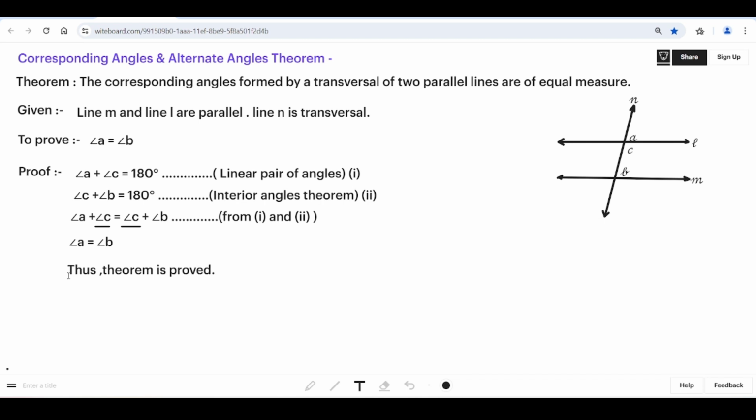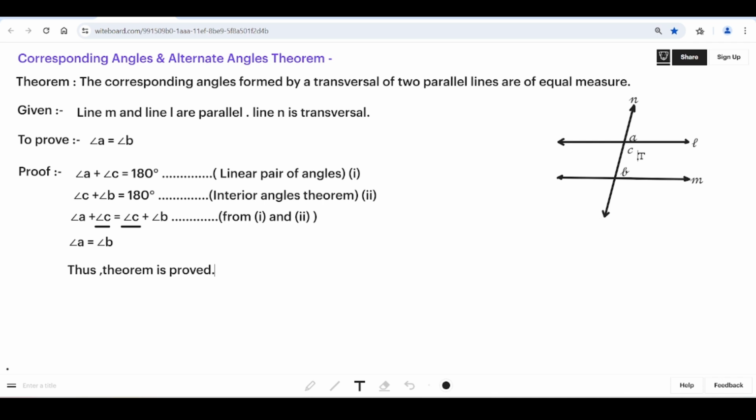Proved. It's very simple. I will explain once again. The theorem was corresponding angles formed by a transversal of two parallel lines are of equal measure. L and M are the parallel lines and N is their transversal. It forms the corresponding angles, angle A and angle B. Now we have to prove that angle A and angle B are equal. First we have taken the linear pair of angles, that is angle A plus angle C is equal to 180 degrees, from linear pair of angles.